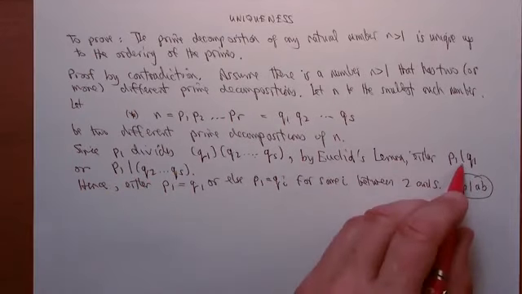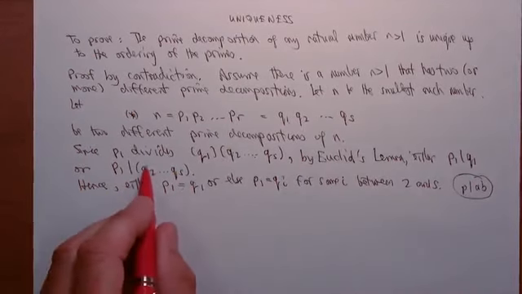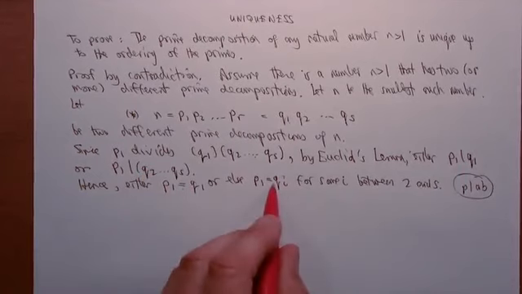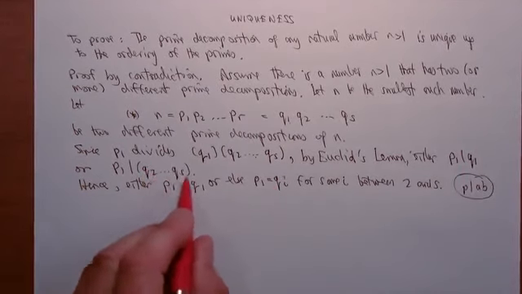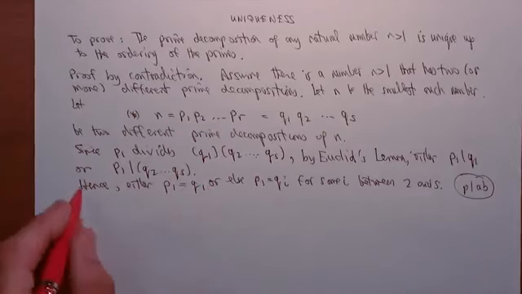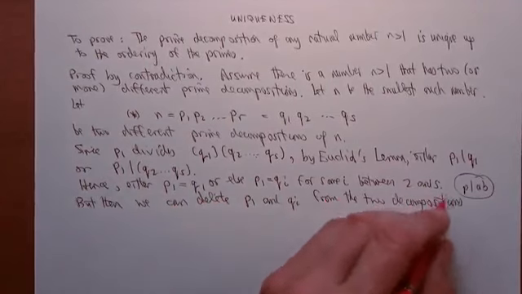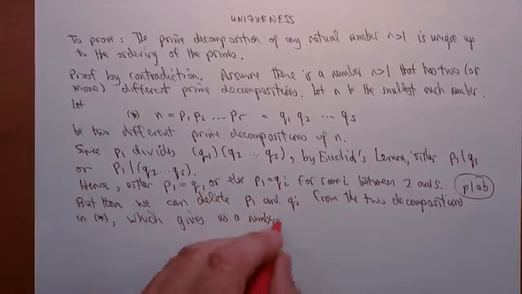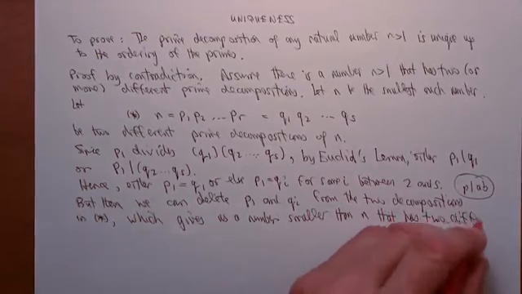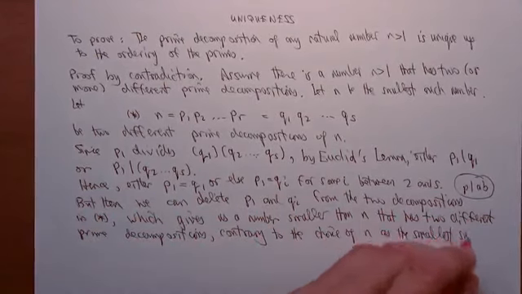So, first case, I know that p1 equals q1. Second case, I know that p1 equals qi for one of the i's between 2 and s. But then we can delete p1 and qi from the two decompositions in star, which gives us a number smaller than n that has two different prime decompositions, contrary to the choice of n as the smallest such.